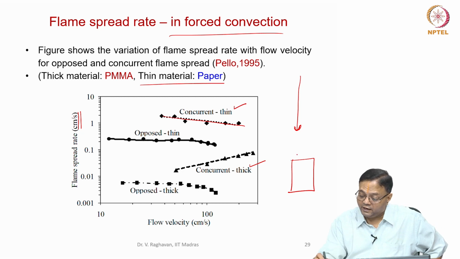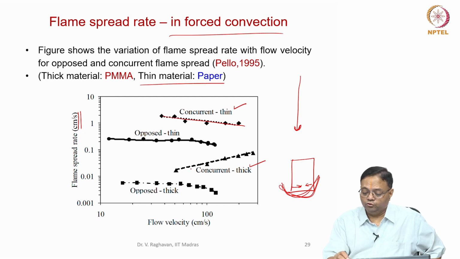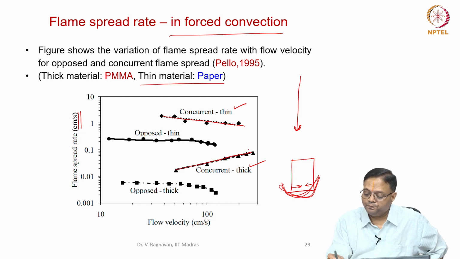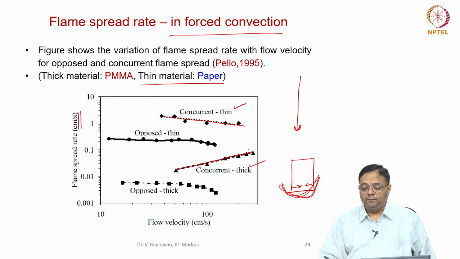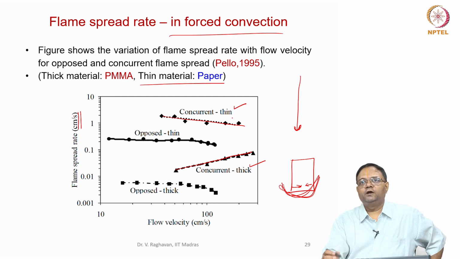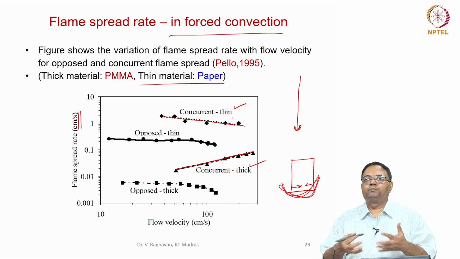On the other hand, if it is thicker, the heat up increases. When the flame actually forms over this and spreads, the heat up of the solid will increase due to the convection. So you see the increasing flame spread velocity. But thin and thick, obviously thin reports a higher flame spread because it does not have any heating up.